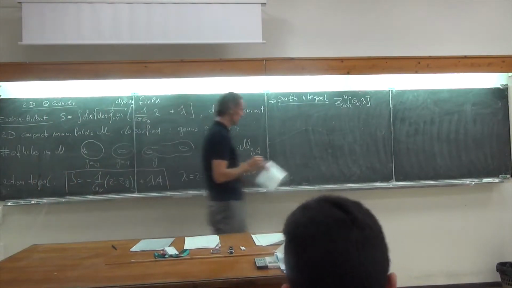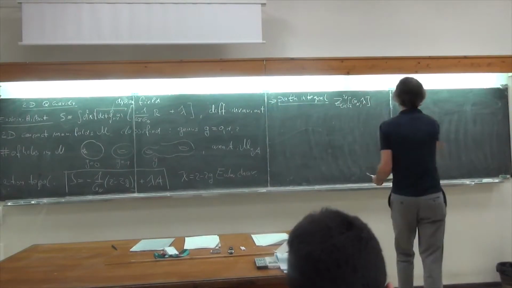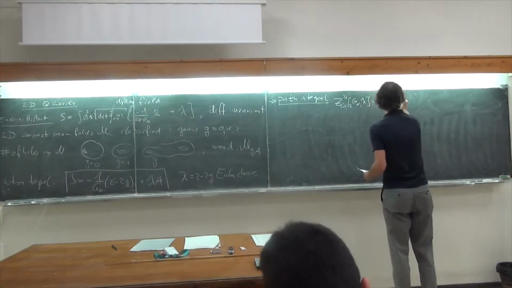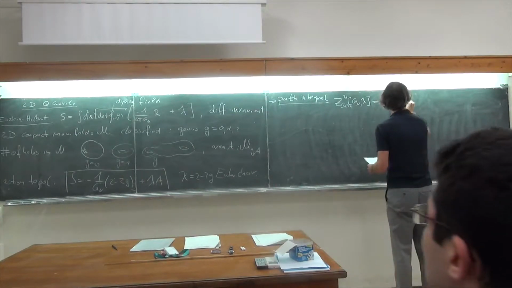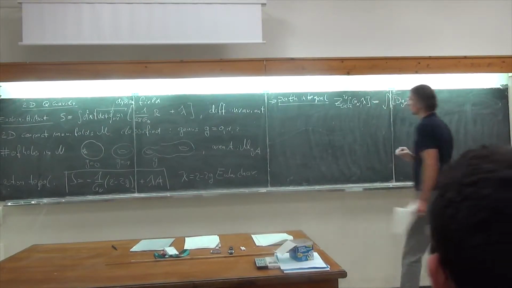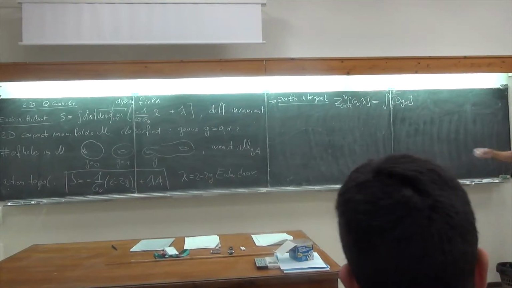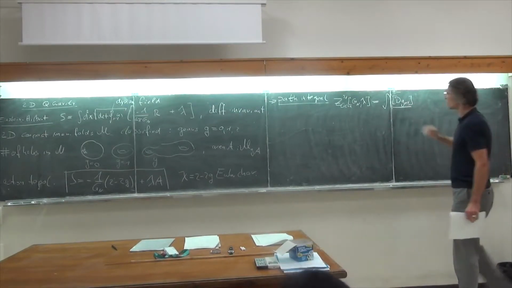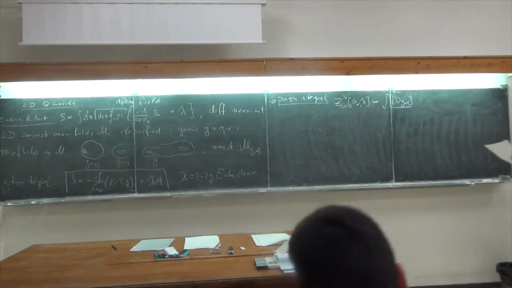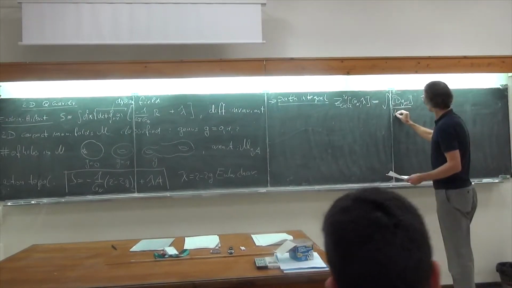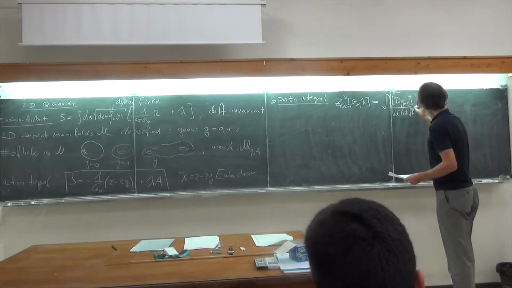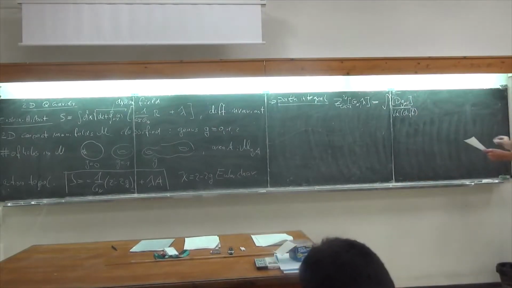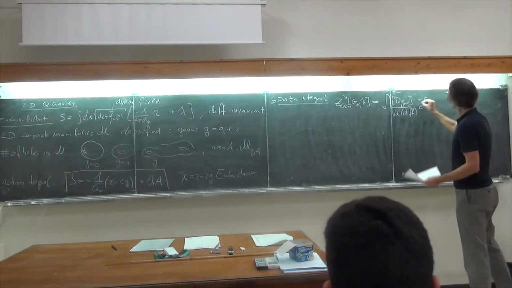So we will have to integrate over the metric. So this is the path integral, so we integrate over our possible paths, and we have to normalize this by the volume of diffeomorphisms times e to the minus S.